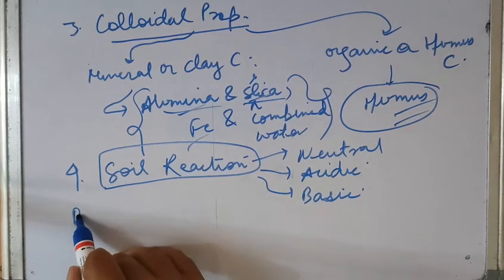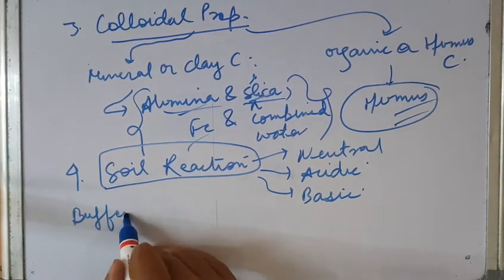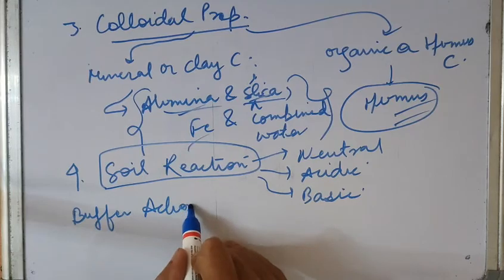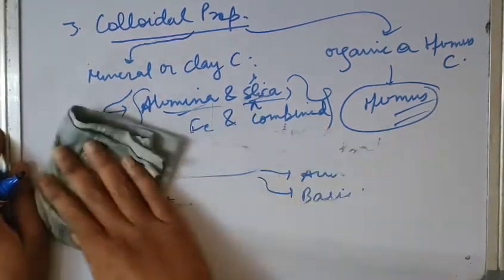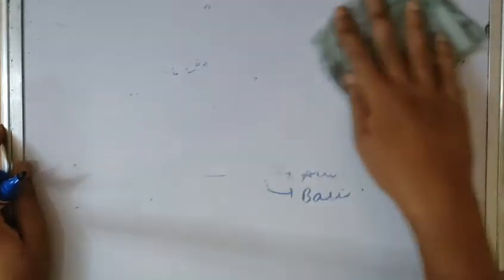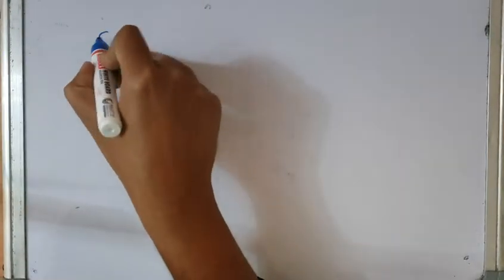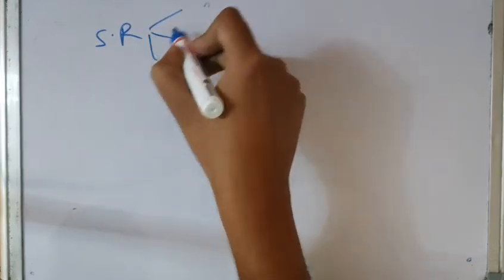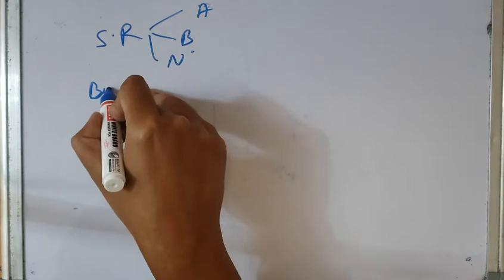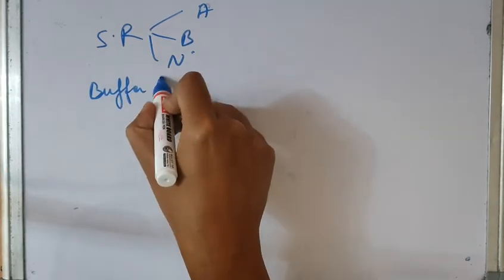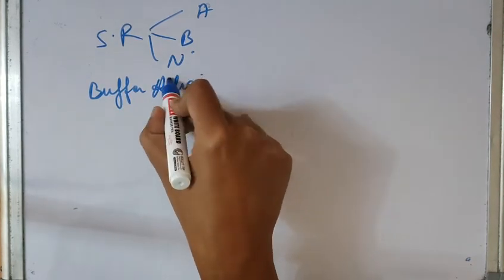So we should know what the buffer action of soil is. Soil reaction: soil could be acidic, basic or neutral. And what is buffer capacity or buffer action of soil?